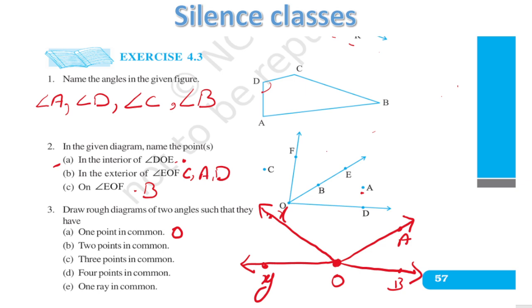This is the common point, from where we can make two angles. Now, two points in common means there should be two common points in that.